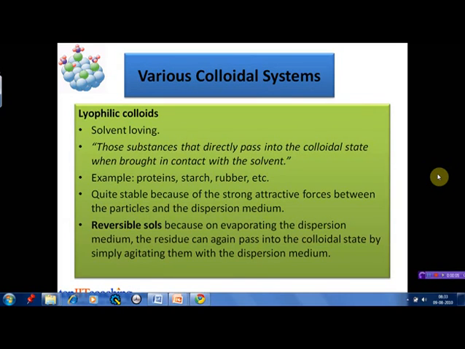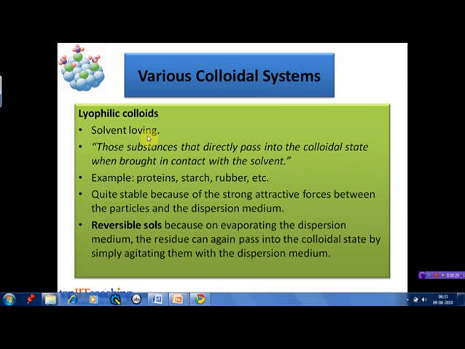Lyophilic colloids. Lyo means solvent and philic means loving. So the meaning of lyophilic is solvent-loving colloids. We can define these colloids as those substances that directly pass into the colloidal state when brought in contact with the solvent. That is, those substances which readily form colloidal solutions.